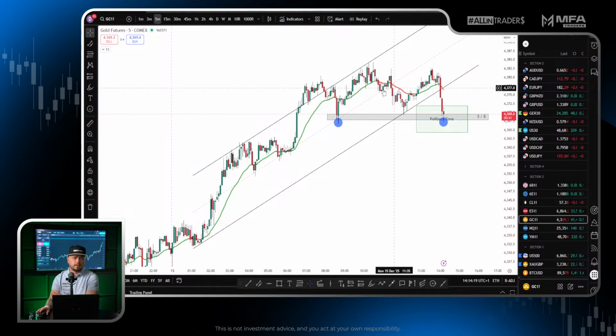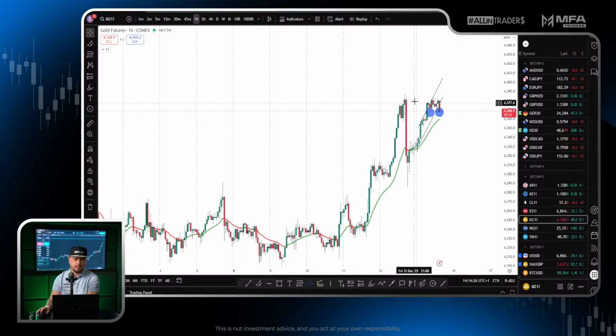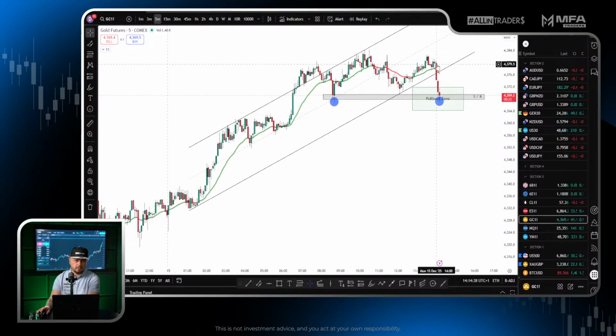Okay, but this can be manipulation because a lot of people are waiting for the gold to drop down. If you look at 1 hour time frame, we are somewhere at Friday's high. So I'm pretty sure people are gonna try to sell over here. So after these candles, probably we got already traders in position right here. So it would be good if the price can go back into the rotation channel, and we're gonna try to go up.